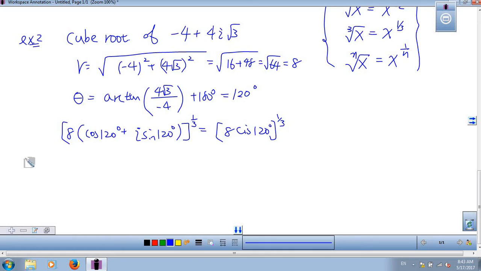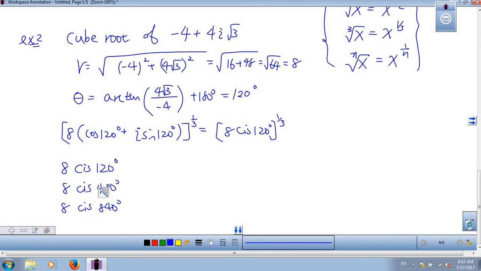So what happens is that, besides cis 120, we need to have other expressions of the same number, using coterminal angles. So 120 plus 360, the next angle is 480, and the next angle is 840.